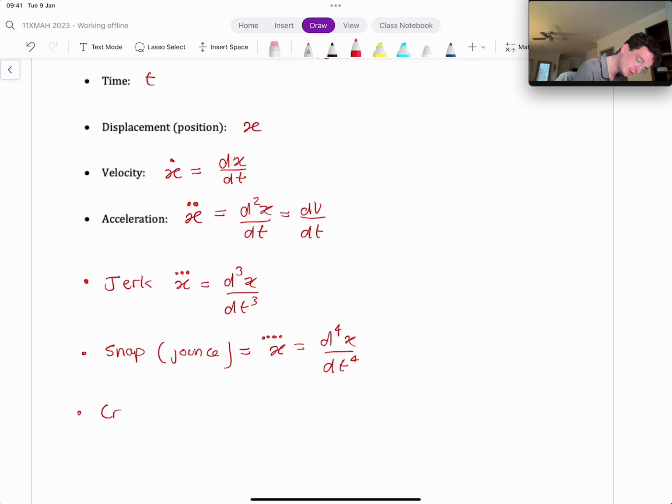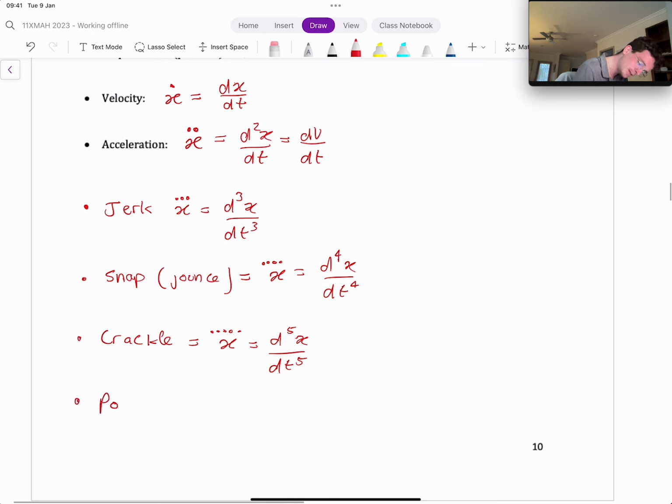There's crackle. They do get a bit funny, these names, and they are legit. You can look it up. This is what they're actually called. Crackle is x with 5 dots, and it's d⁵x/dt⁵. And pop, which is the last one, is x with 6 dots, the sixth derivative. Anyway, we don't look at anything past acceleration.